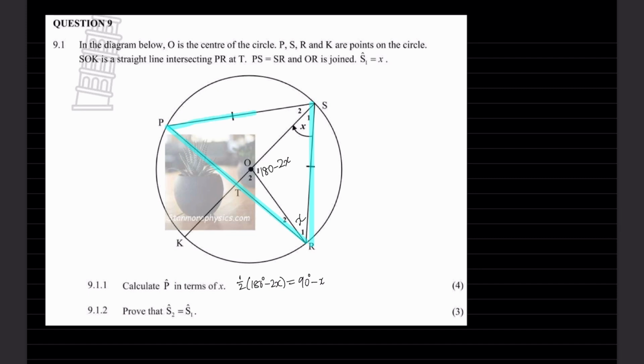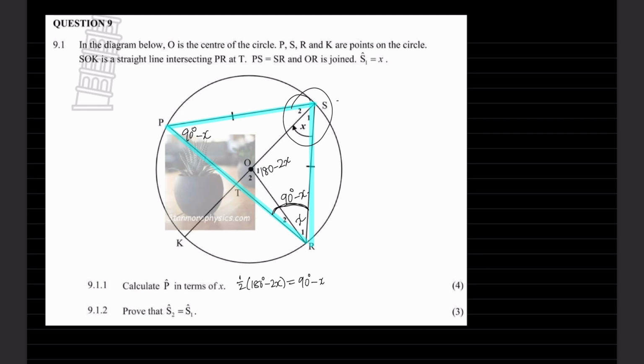Now this triangle is also an isosceles triangle because they've told us that PS is equal to SR, which means that this entire angle here, R1 and R2, will also be 90 minus x. Now we can use some angles in the triangle to solve for S2. And if S2 is x, then we've proven that S1 is equal to S2.